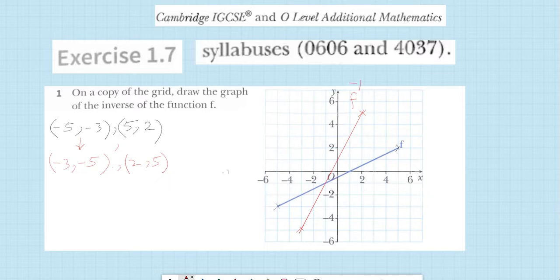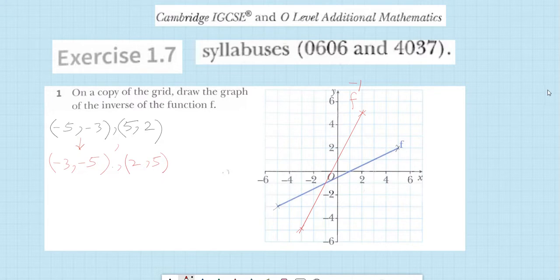Now I am repeating all the steps again. In order to draw the graph of the inverse of a function, if we are given the graph of the function, we just take 2 points, like I took -5, -3 and 5, 2 from the line, and then reverse. x becomes y, y becomes x: -5, -3 becomes -3, -5, and 5, 2 becomes 2, 5.